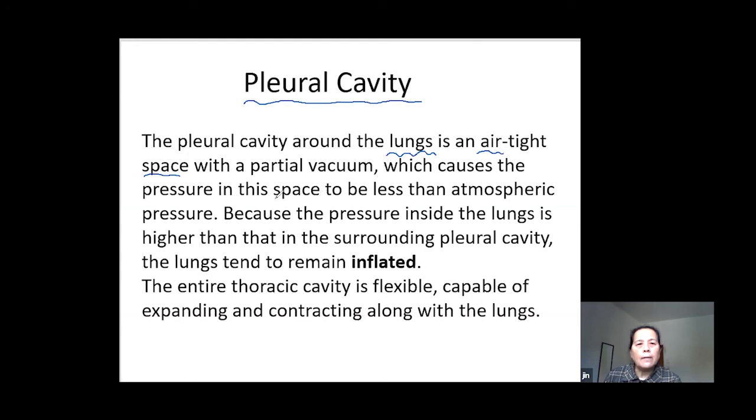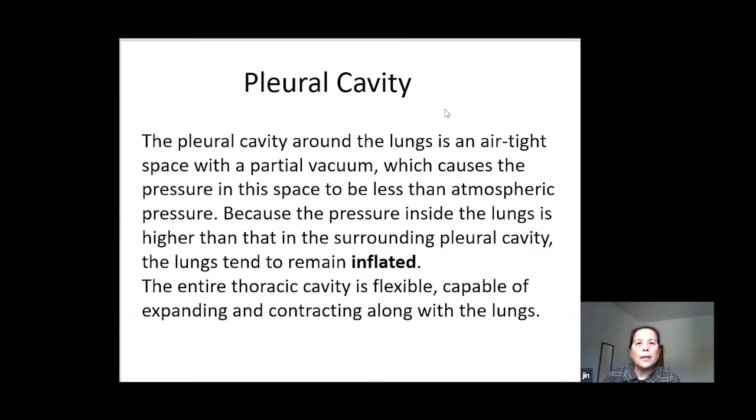This space basically has negative air pressure inside. That means the air pressure inside the lung is higher than in the pleural cavity. So the pleural cavity works to help the lung stay inflated.